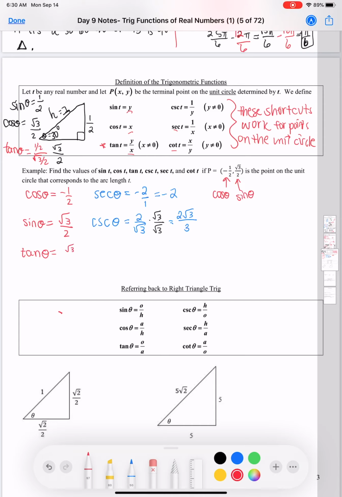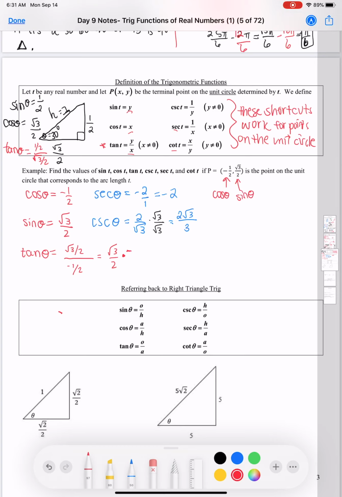So I'm going to put √3/2 on top, -1/2 on bottom. And now I don't want a fraction in my denominator, so I don't want fractions within fractions. Something we can do to get rid of that -1/2 in the denominator is, instead of dividing by a fraction, multiply by the reciprocal.